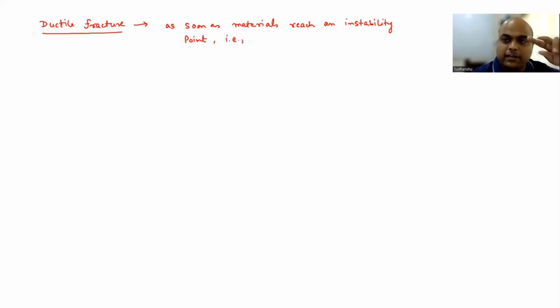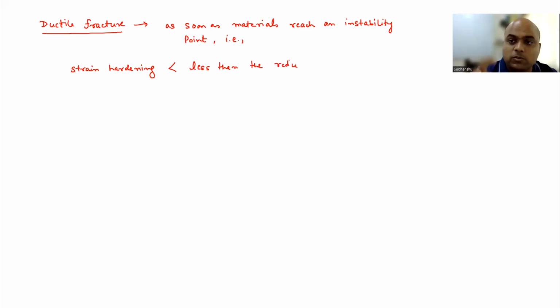So that is the maximum point, right? Instability criteria. We have discussed this in our course 1. So here what you observe is that strain hardening is less than the reduction in load.